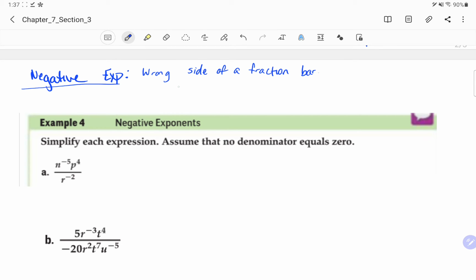Okay, so if I have something like x to the negative 2nd, there's no fraction bar in this, so everybody gets confused. But you can make this into a fraction by just putting it over 1. Now I have a fraction bar. This is the same as saying these are in the wrong spot. It should be 1 over x squared. Okay, so basically it needs flipped. That's what a negative exponent means.